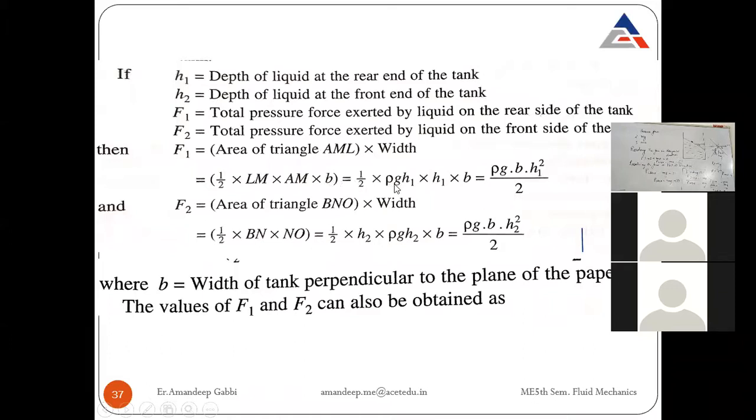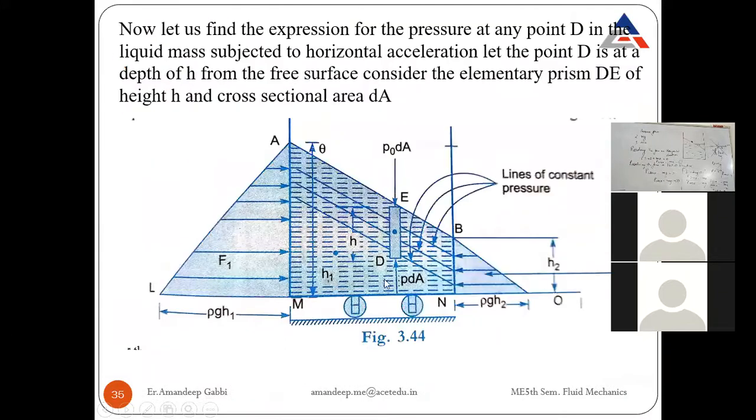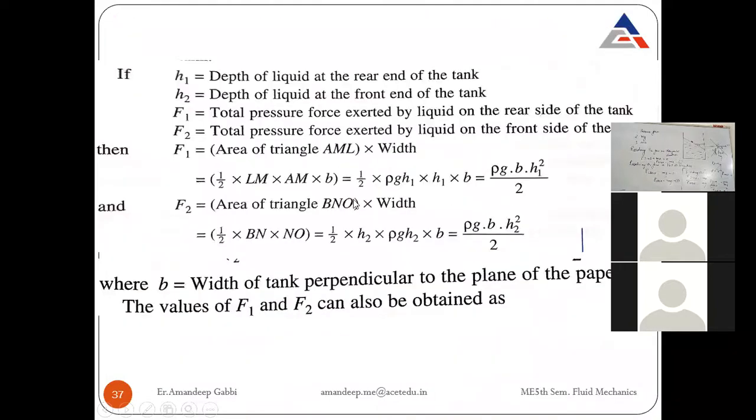Half into this base is rho g h1, and height is h1, into B. Width is how much it is towards the third coordinate. This is length, this is breadth, and this is the thickness. Now if you calculate, this becomes rho g B into h1 square by 2.